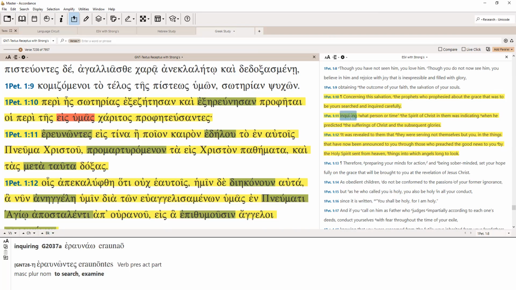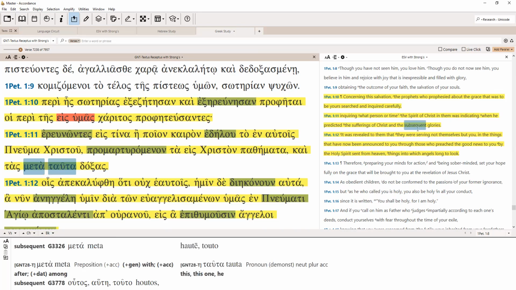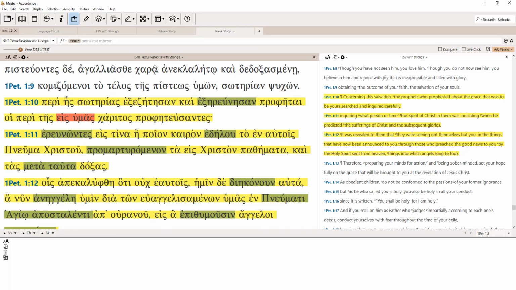We continue from verse 11, inquiring what person, tina, or time, the Spirit of Christ in them was indicating when he predicted the sufferings of Christ and the subsequent glories. So meta tauta, it was revealed to them, so here, that they were serving not themselves but you in the things that have now been announced to you.